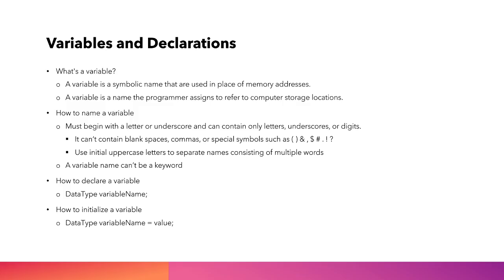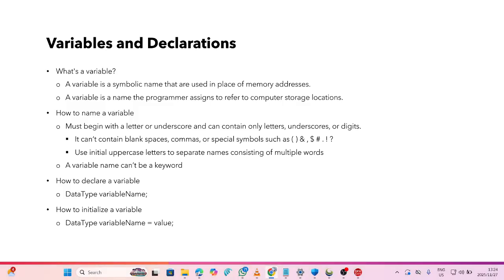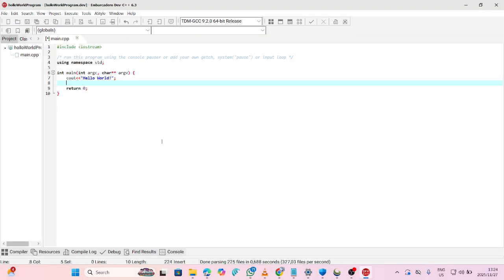Normally use initial uppercase letters to separate names. For example, you can say item and you put caps lock, which is going to put a capital letter for 2, but which is mixed. For example, let me try to see. I can just say this is an integer and I say item2.